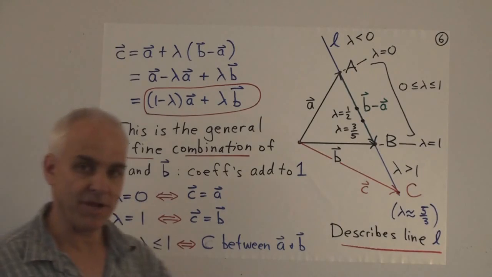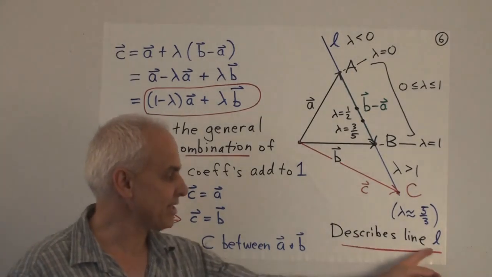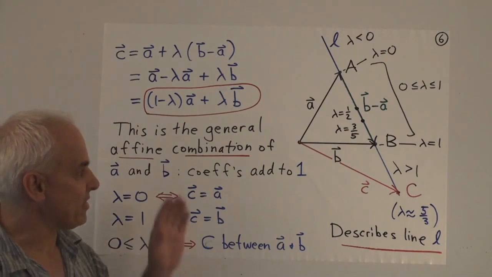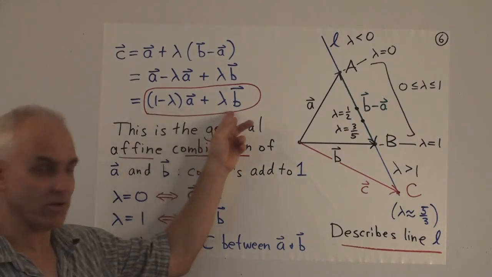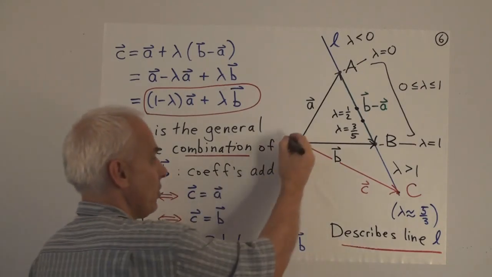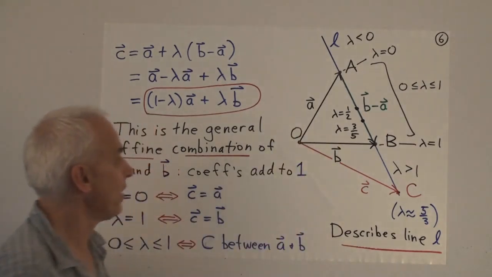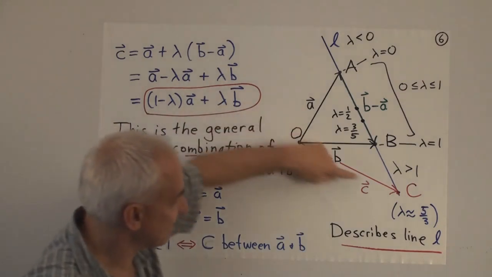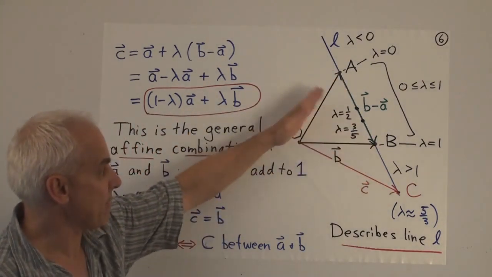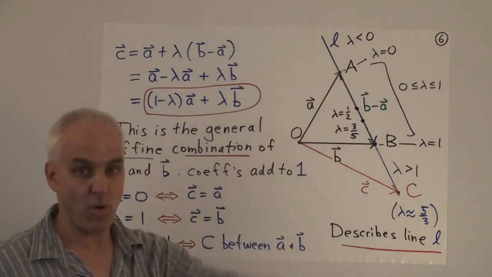So what we have here is a way of describing this line L. We can now think of L as being described by this family of vectors, all emanating from our observation point. I should call it O here. Here's our observation point, in terms of the vector C joining O to an arbitrary point. And as lambda varies, we can get any point on this line.